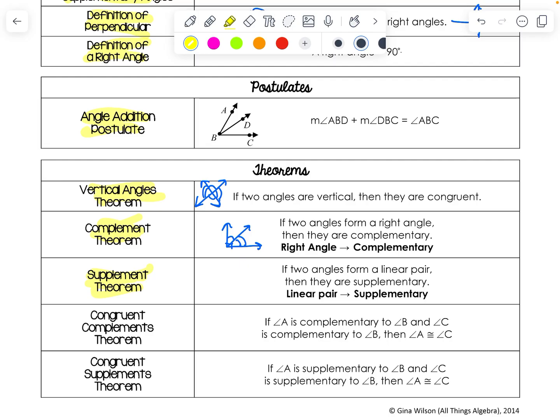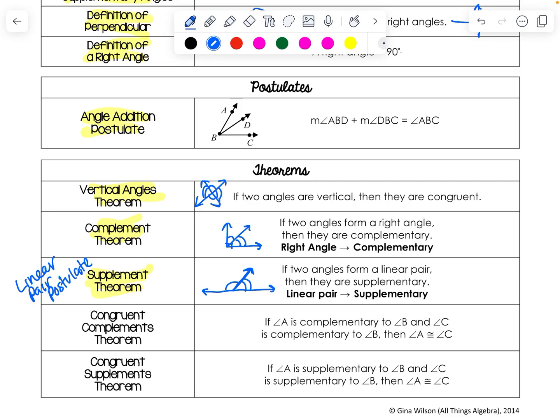Our book might say linear pair postulate. Some geometry textbooks use different language for the same thing. As long as you describe it to me, I can handle it. A linear pair is two angles that have an adjacent side, and this plus this angle form a straight line, meaning they add up to be 180, which means that they're supplementary.